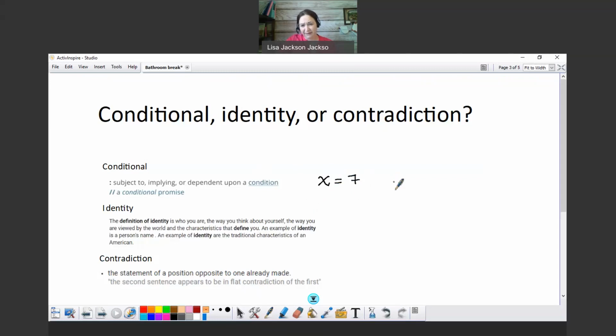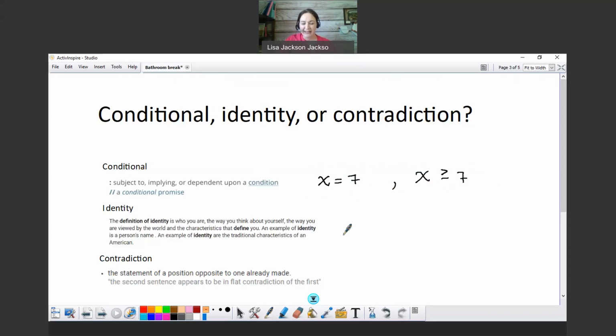Or you could say if the value for x is a group of numbers, 7 or more, anything above 7. We know that if I had a number like 2, 2 does not satisfy what your equation was. It doesn't make the sentence of that equation true. So it doesn't satisfy the condition that your x has to be 7 or bigger.